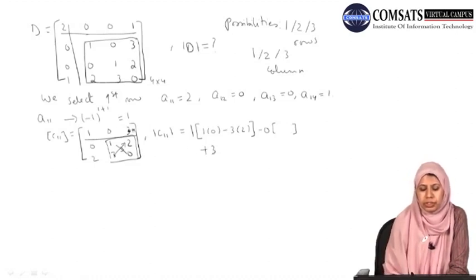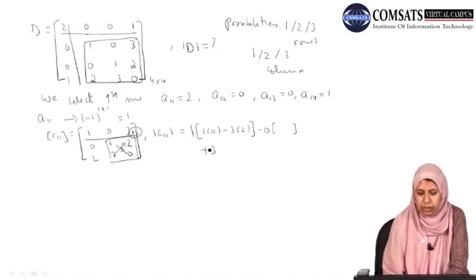This entry has ith position 1 and jth position 3, so the number associated with this entry will be plus 1.